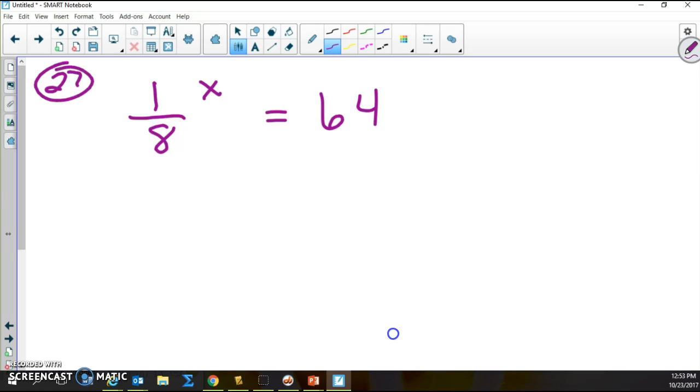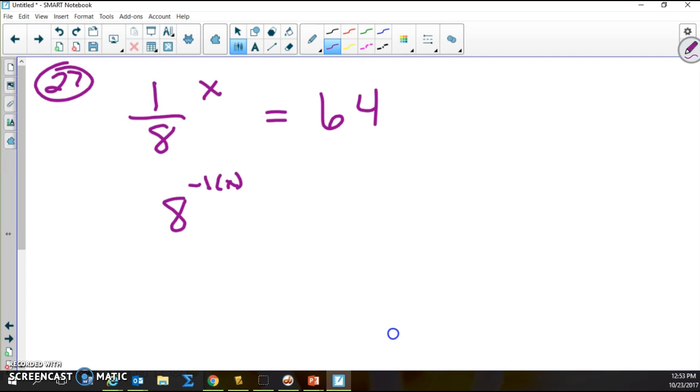So 27 is asking us to solve for x, of course, and I see that 8 and 64 have some common ground here. 8 is a power of 8, 64 is a power of 8, so I'm going to rewrite the left-hand side as a power of 8. 1 over 8 is 8 to the negative 1, so we have 8 to the negative 1 to the x.